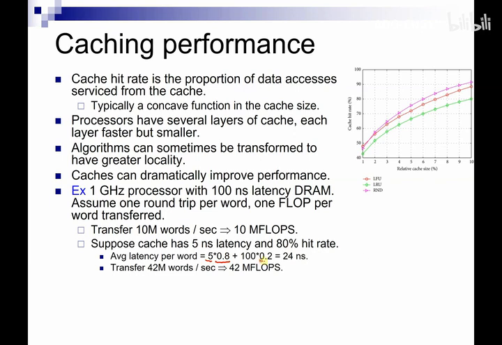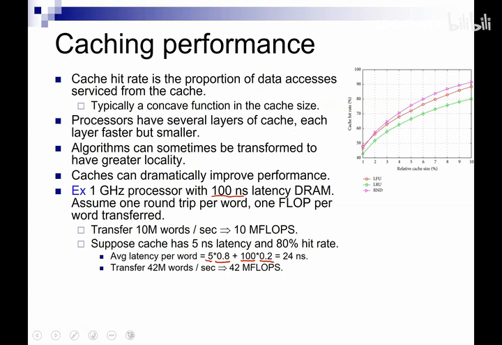And 20% of the time we miss in the cache, and then we have to go out to memory, and that's going to cost us 100 nanoseconds. So on average, each word is going to take us 24 nanoseconds to fetch. Instead of always taking 100 nanoseconds, we're now taking 24 nanoseconds.